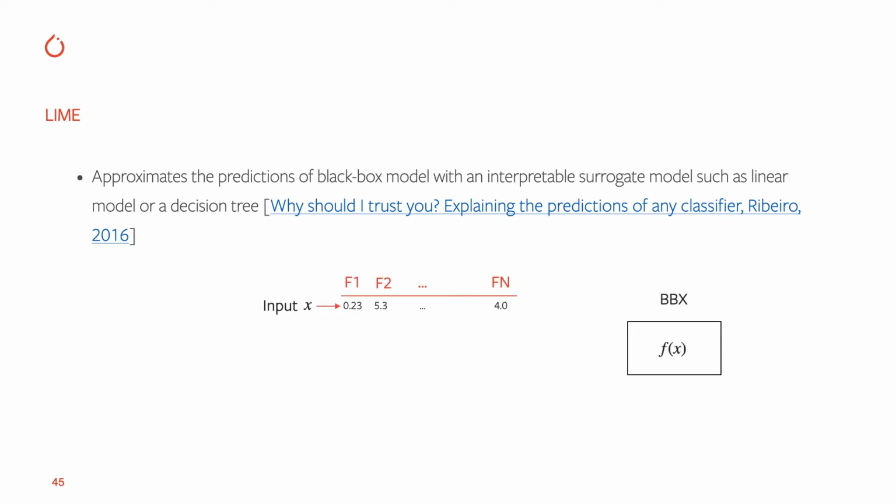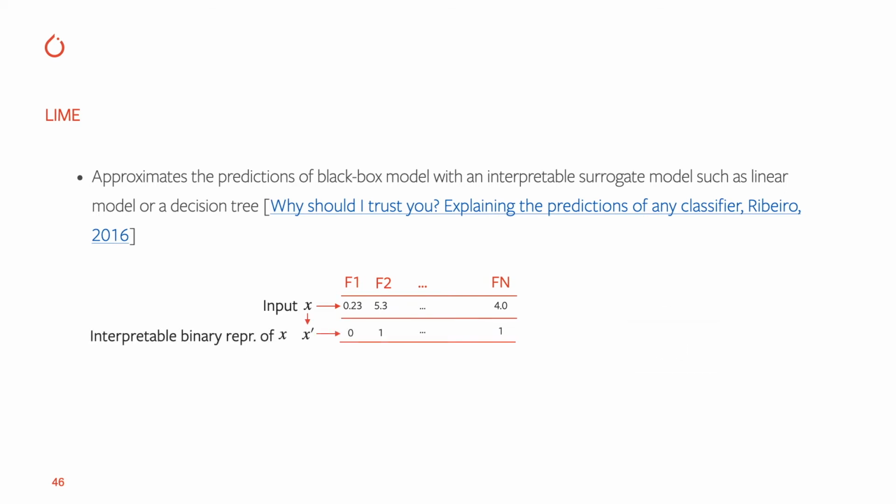Let's assume that we are given a black box model F that takes input x, and let's assume that our input x has n features that are denoted as f1 to fn. Now let's specify an interpretable representation of those features using binary codes that indicate whether the feature is present or not.